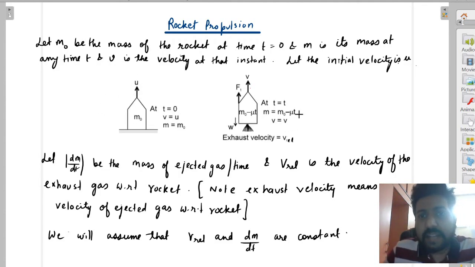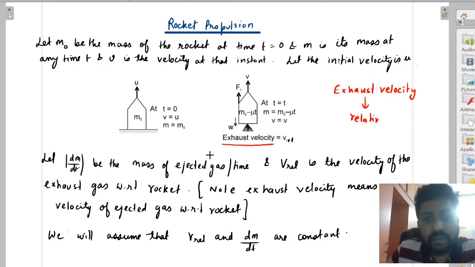Let the exhaust velocity, meaning the velocity of the ejecting gases, be v_relative. Remember one thing, whenever they give you exhaust velocity, they are giving you the relative velocity. The exhaust velocity is always calculated relative to the rocket.